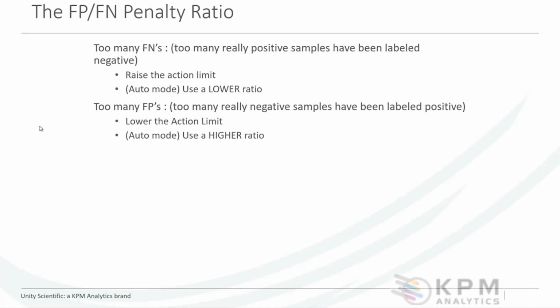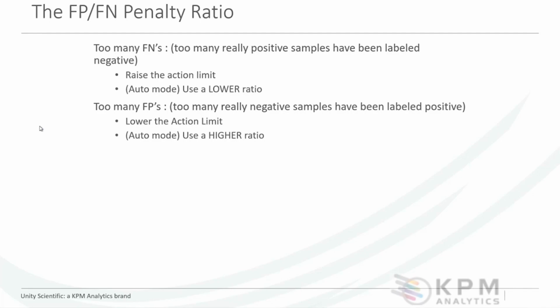It's auto mode. So in this case, you would use a lower ratio and move your limit up.